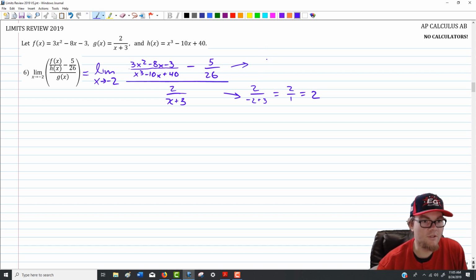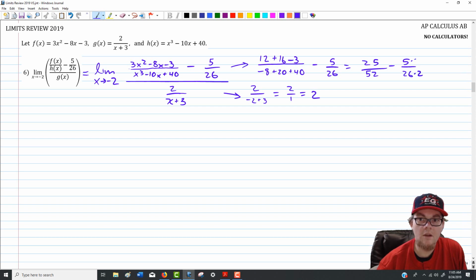So let's see what the numerator looks like. If we plug in negative 2, we'll have 12 plus 16 minus 3, over negative 8 plus 20 plus 40, all minus 5 over 26. Simplifying some pieces up here, we get 25 over, and let's see, 60 minus 8 is 52. So we've got 25 over 52 minus 5 over 26.